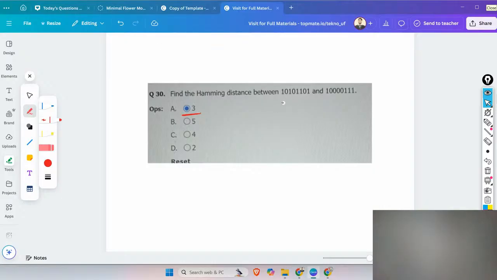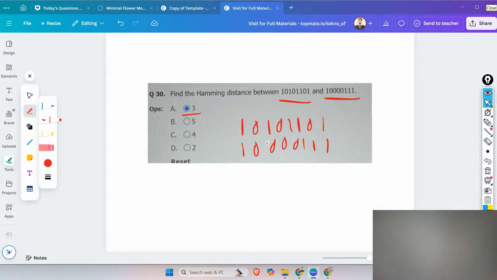At first, this is the representation 10101101, and this is the second representation 10000111. You have to check bit by bit. Bitwise you have to check if any of the combinations are different or not.